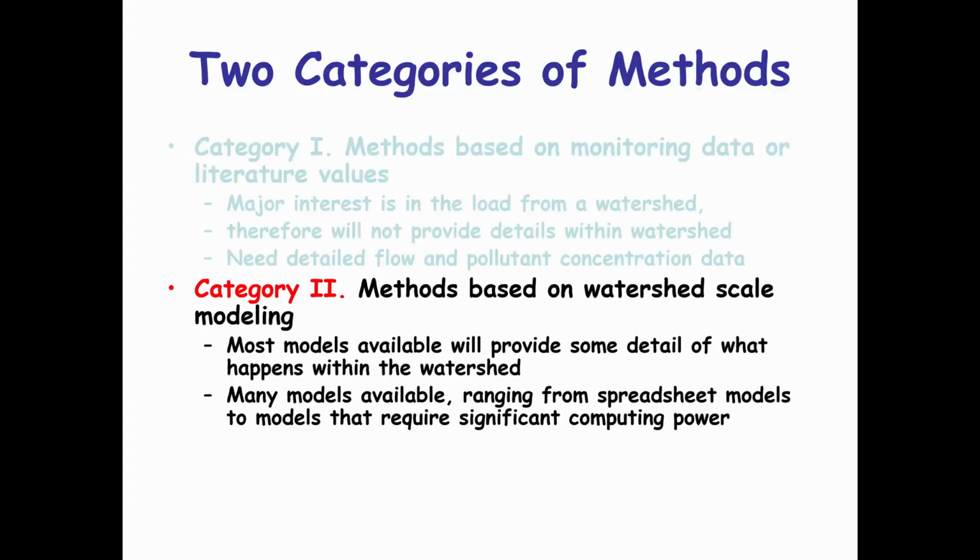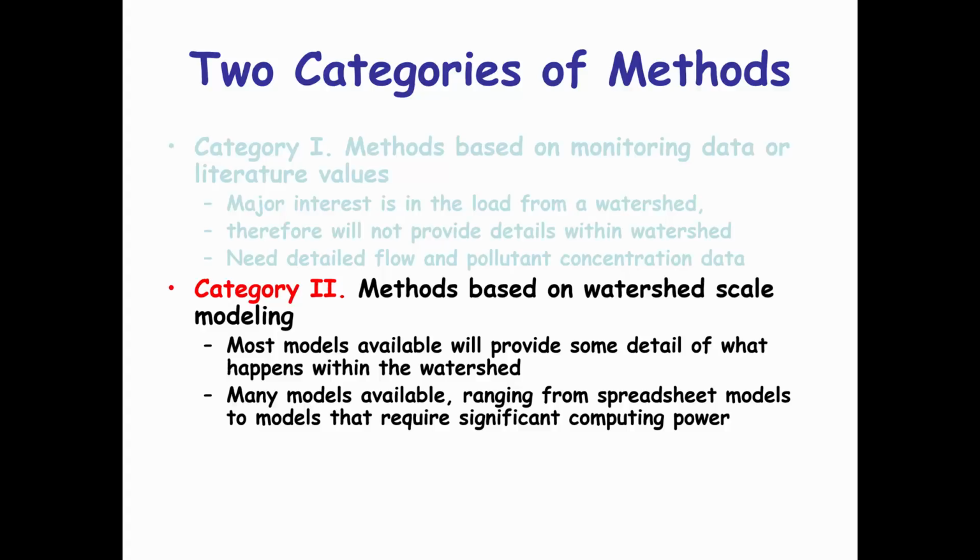The second category of methods are based on watershed scale modeling. And most of these models that are available will provide some detail of what is happening inside of the watershed, which of course will help you to try to pinpoint where the pollutants are coming from, what proportion is coming from a particular location within the watershed.